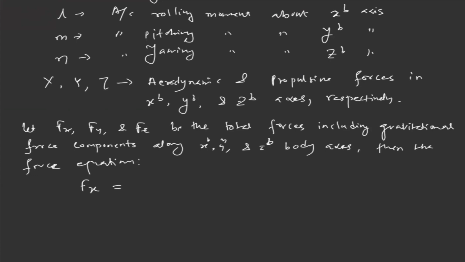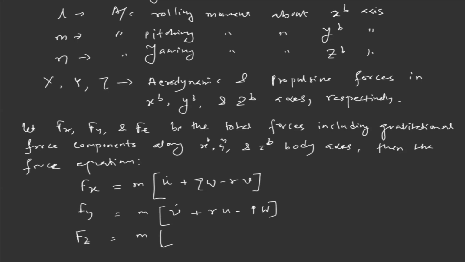Fx equals m into (u dot plus qw minus rv), and Fy equals m into (v dot plus ru minus pw), and Fz equals m into (w dot plus pv minus qu).